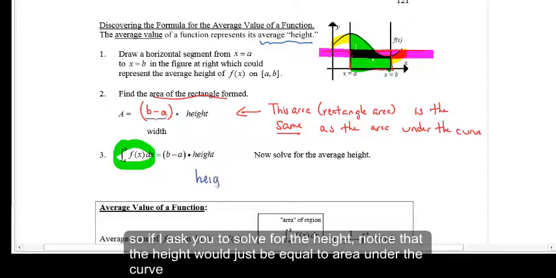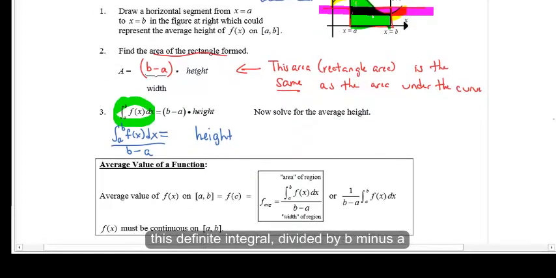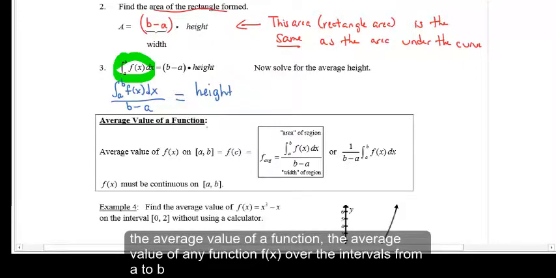The height will just be equal to the area under the curve, this definite integral, divided by b minus a. And ladies and gentlemen, and everybody else, we have the following formula: the average value of a function.